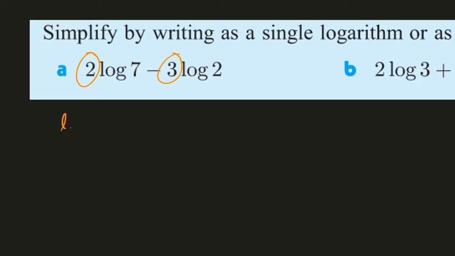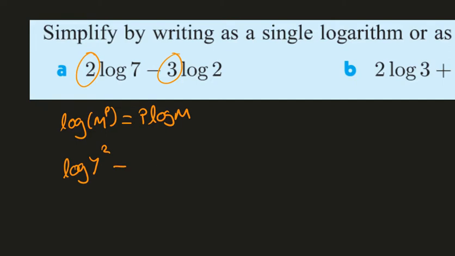Remember when we said that the log of m to the p is p log m. So what this helps us to do is the following. We can write that 2 log 7 as log 7 squared, and then the 3 log 2 as log 2 cubed.